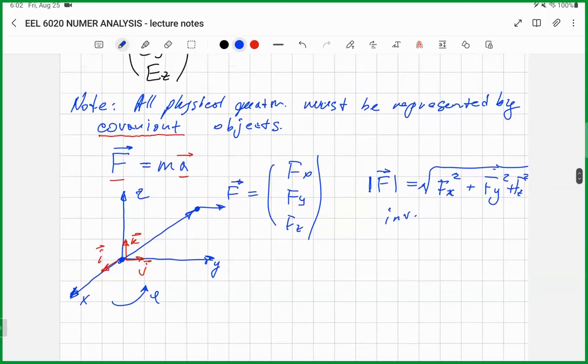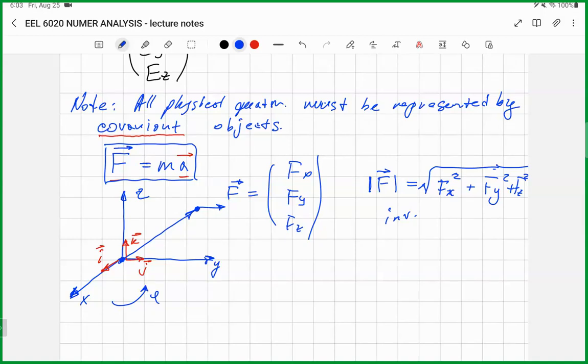And if we go back to this Newton equation, the second Newton law, if we set the coordinate system and then rotate it, the components of f will change.